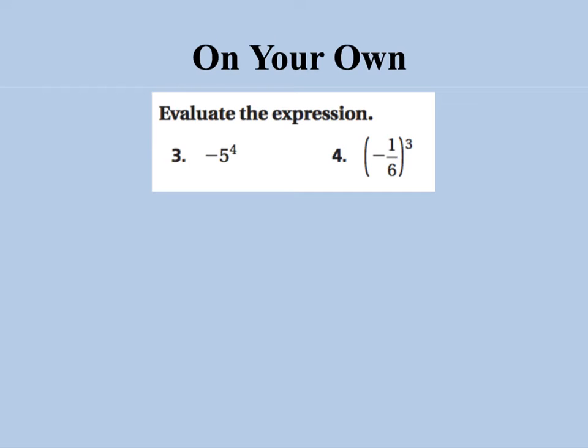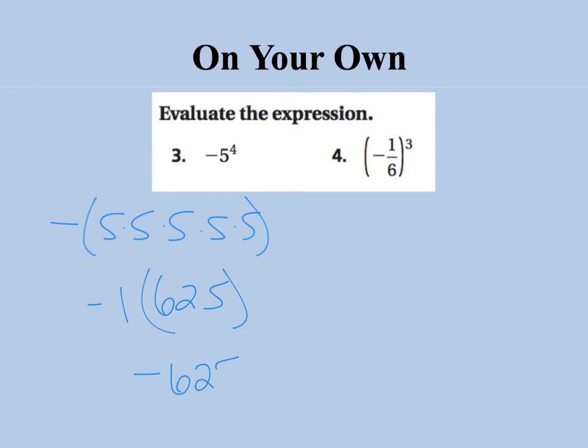Alrighty, so our final answer for our first one is, again, without parentheses, it becomes 5 times 5 times 5 times 5 times 5, which will become 625 here. But because there is a -1 on the outside, this final answer is a -625 for number 3.